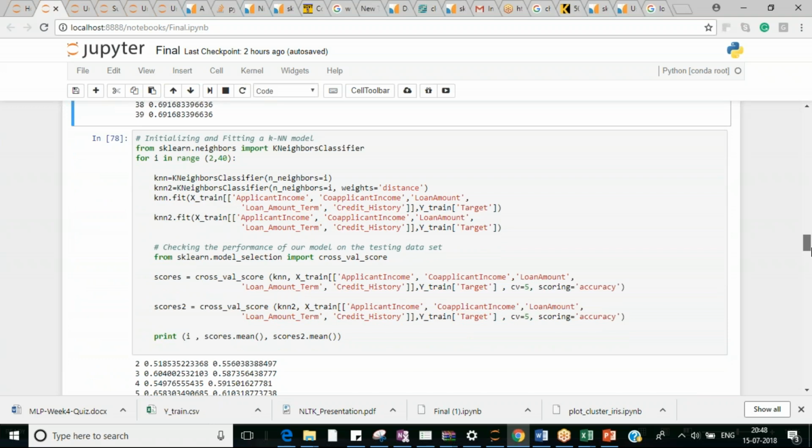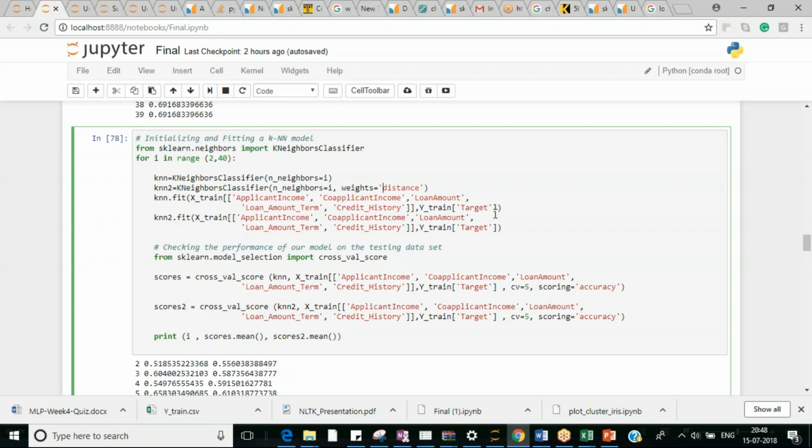Now you see what I did is, for the first one I am keeping the neighbors default, and for the next one I'm keeping the weights as distances.